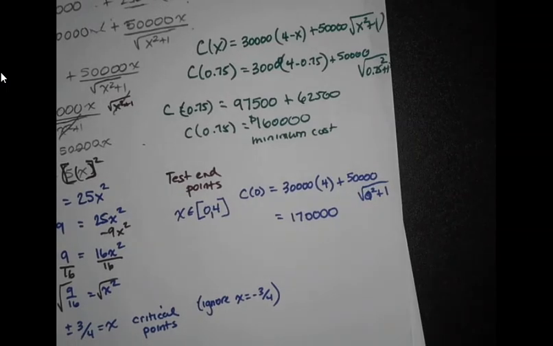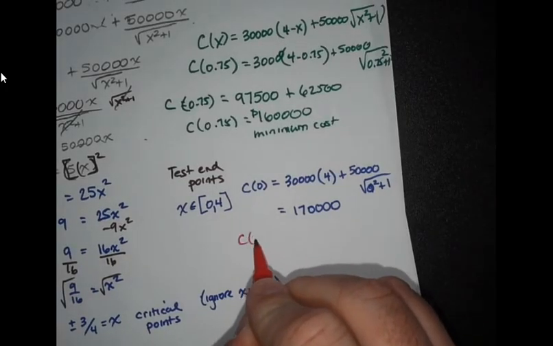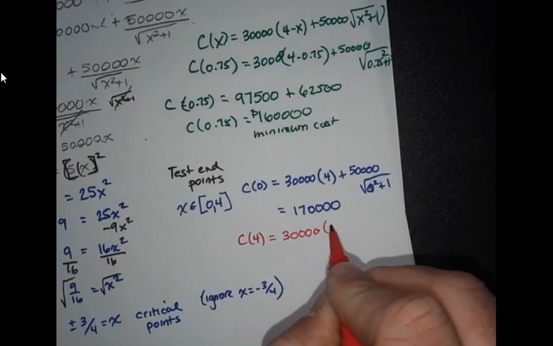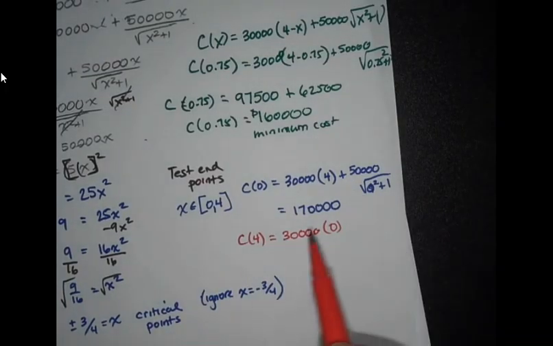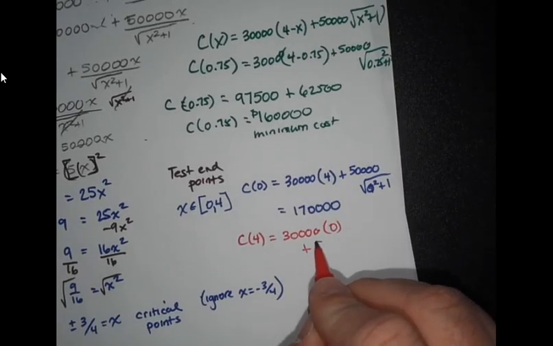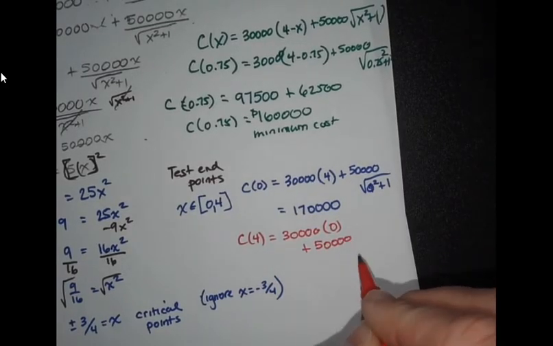And if I was testing C at 4, so that would be, if I put 4 into x, I make that 0 plus that.